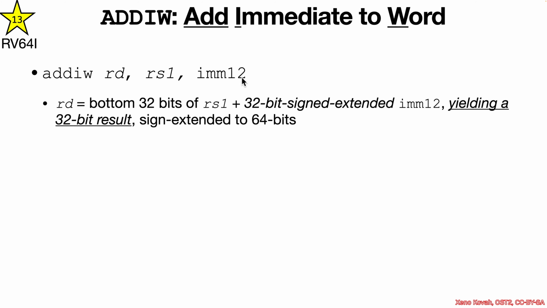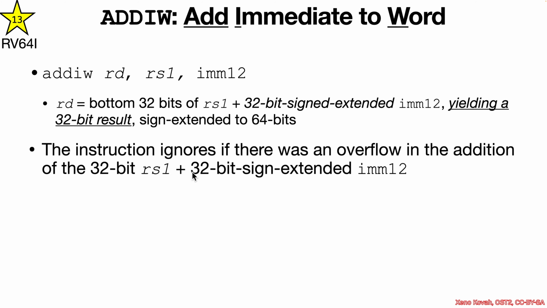So we've got a source, we've got an immediate, we've got a destination. So this is going to take the bottom 32 bits word size of the RS1 source register, and then take the 12-bit immediate and sign extend it to only 32 bits. Add them together, yield a 32-bit result, and then sign extend that ultimately and place it into the destination register because we're still in RV64 mode and it is a 64-bit register.